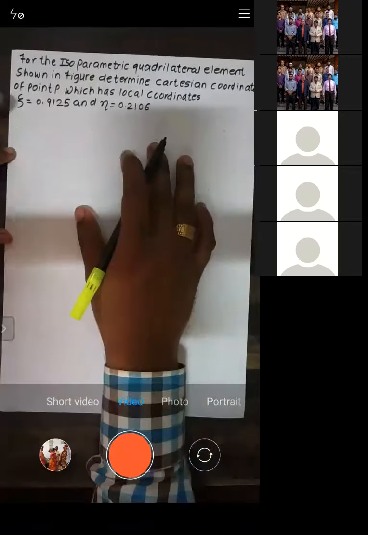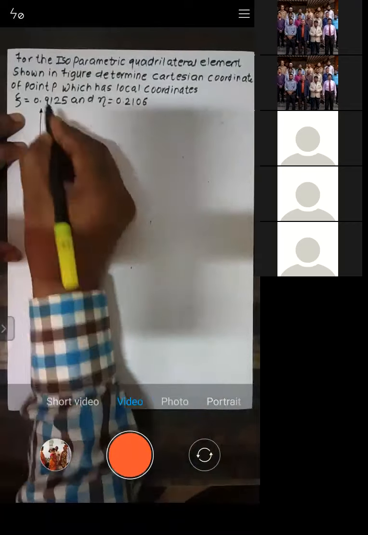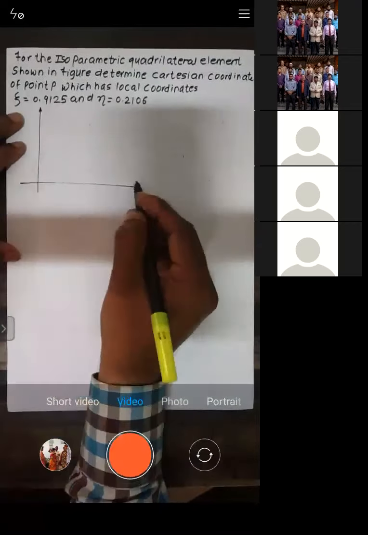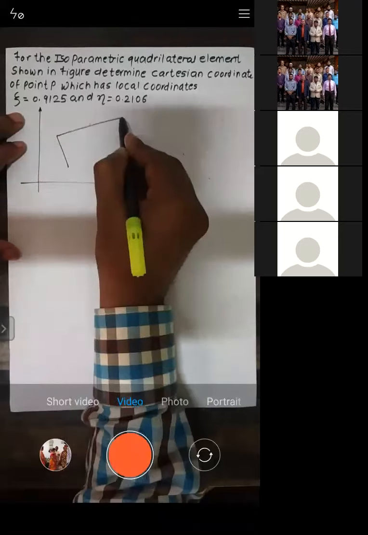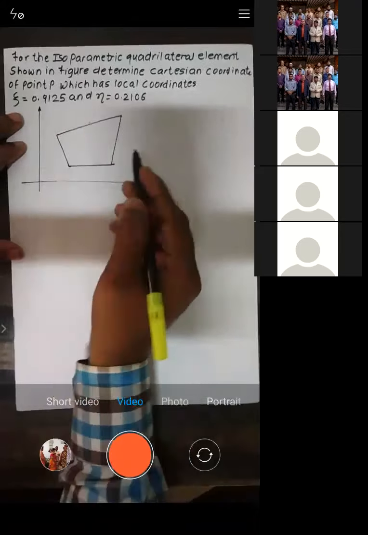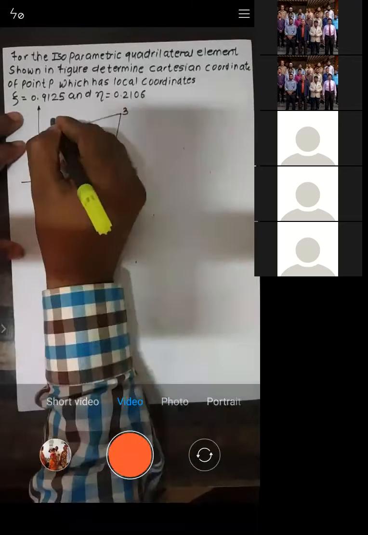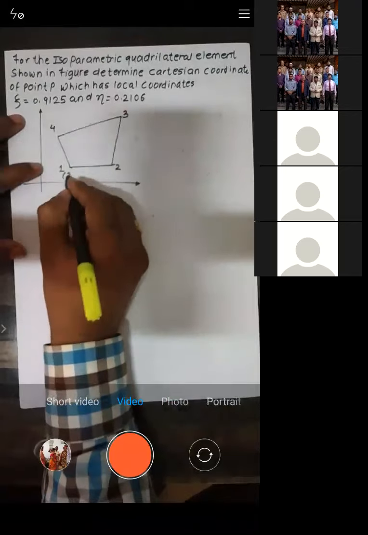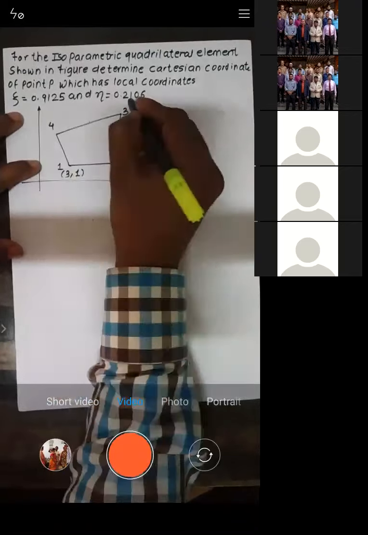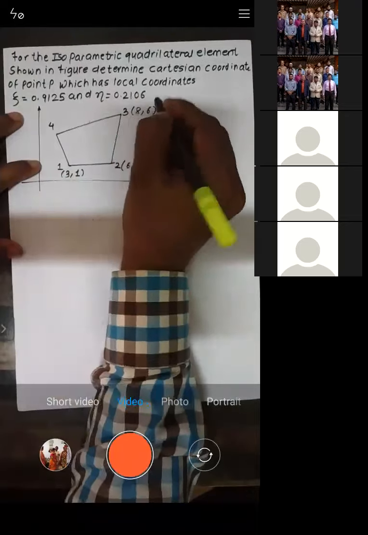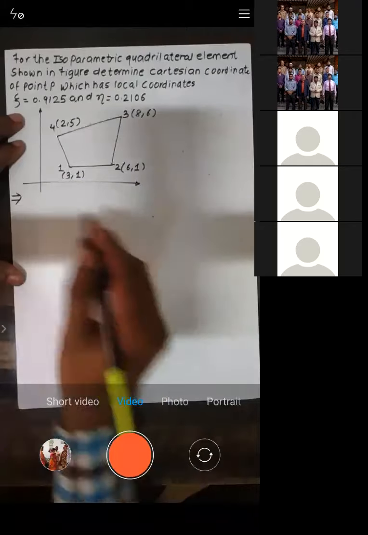Okay, also they have mentioned the diagram. So they have mentioned some diagram like this. This is node 1, this is node 2, this is 3, this is node 4, right? So this is the problem which is given, right?